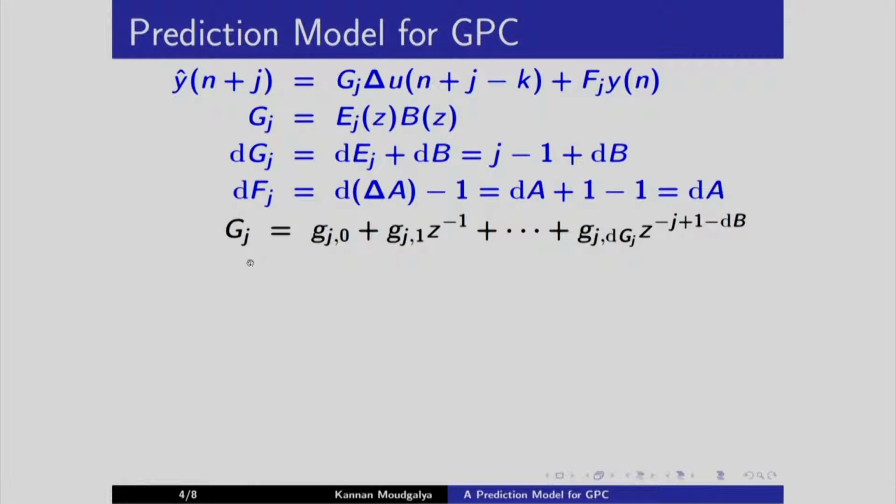Now let us write the expression for GJ. It is going to be a polynomial in Z inverse, and it will go all the way up to J minus 1 plus dB, of course powers of Z inverse. So we get this term that has a coefficient GJ. So let us write this y hat of n plus j.